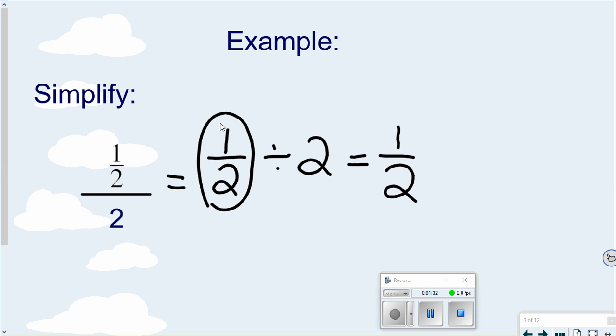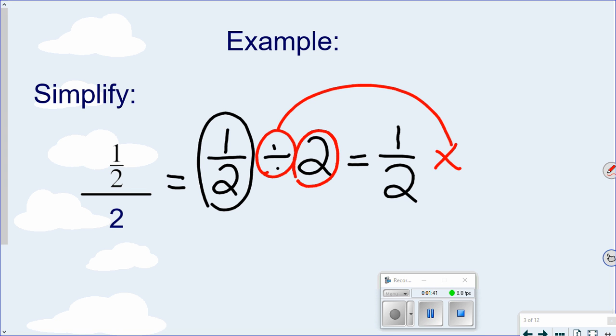We are then going to change this to multiplication. Because we changed that to multiplication, we now have to change this to its reciprocal. So instead of 2/1, like it is right now, you need to make it 1/2. So a half times a half is 1/4.